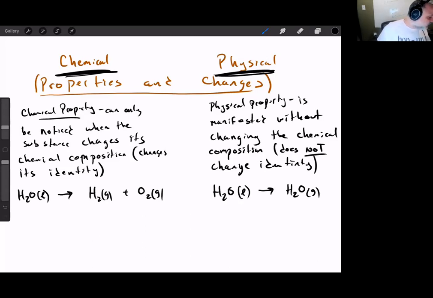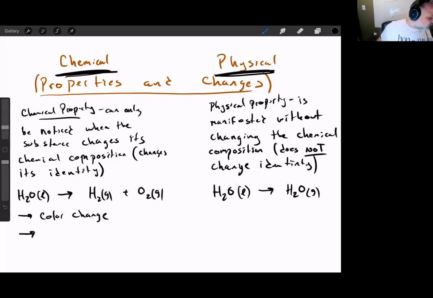And so how do I identify some chemical changes? There's some things that we can use to identify chemical changes taking place. One thing is a color change. Here's an idea, color change.